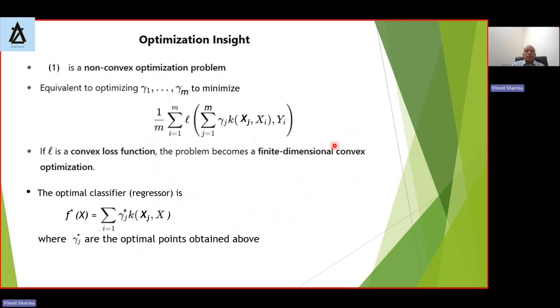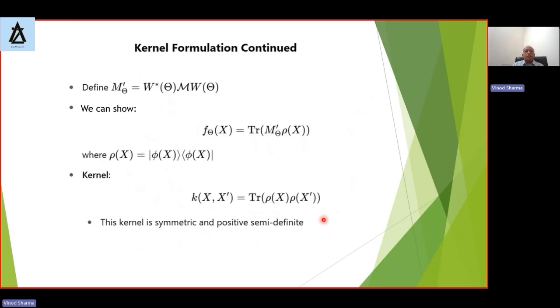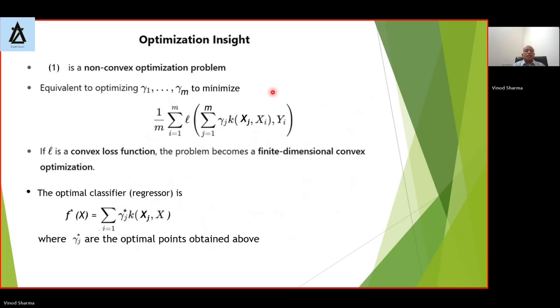Now, finding the optimal theta in the variational circuit via this kernel framework can be shown to be equivalent to the following problem. The problem that we are talking about in general is a non-convex optimization problem.